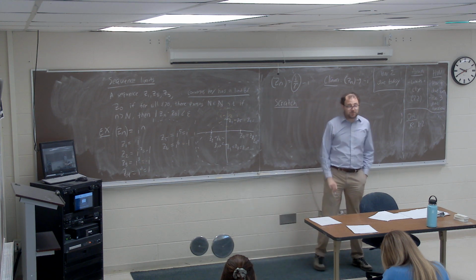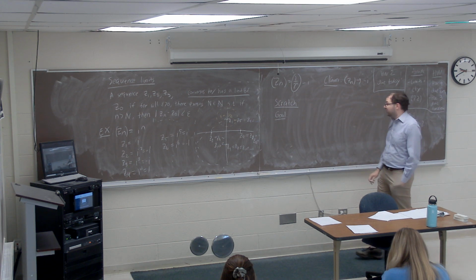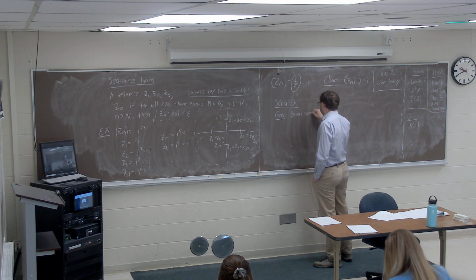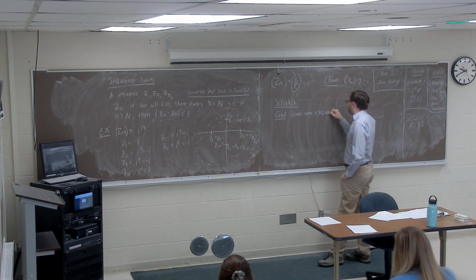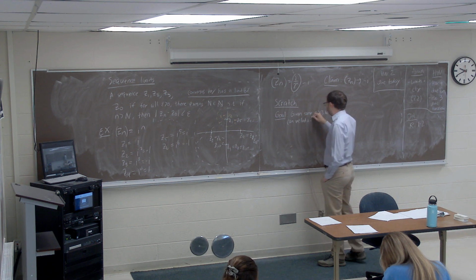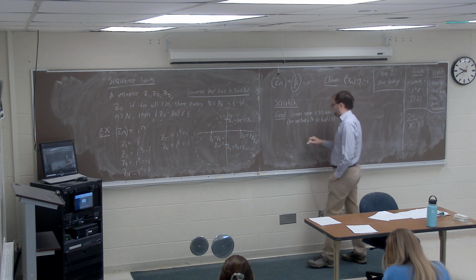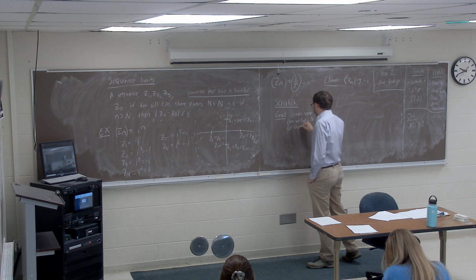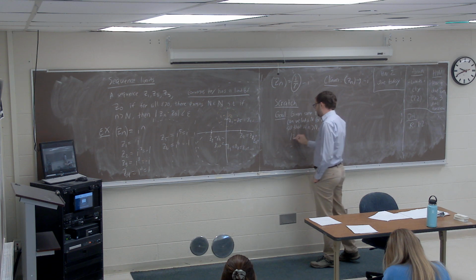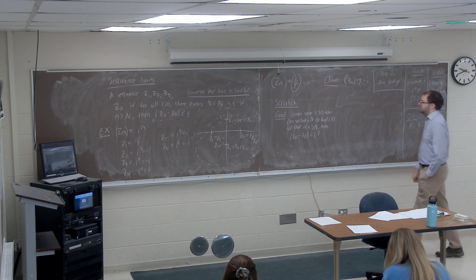And the goal of the scratch work is to ask the question: given some epsilon, how can we find a big N for that epsilon such that if little n is greater than big N, then the distance from z sub n to z sub naught has to be less than epsilon.